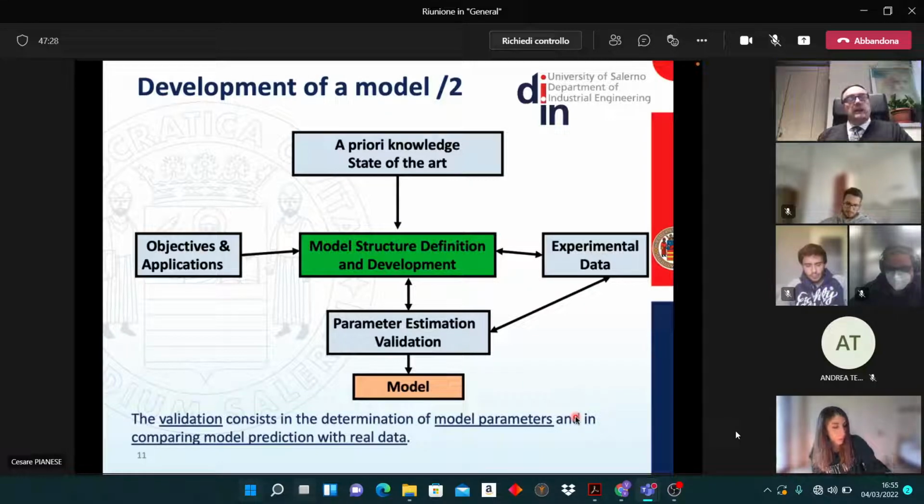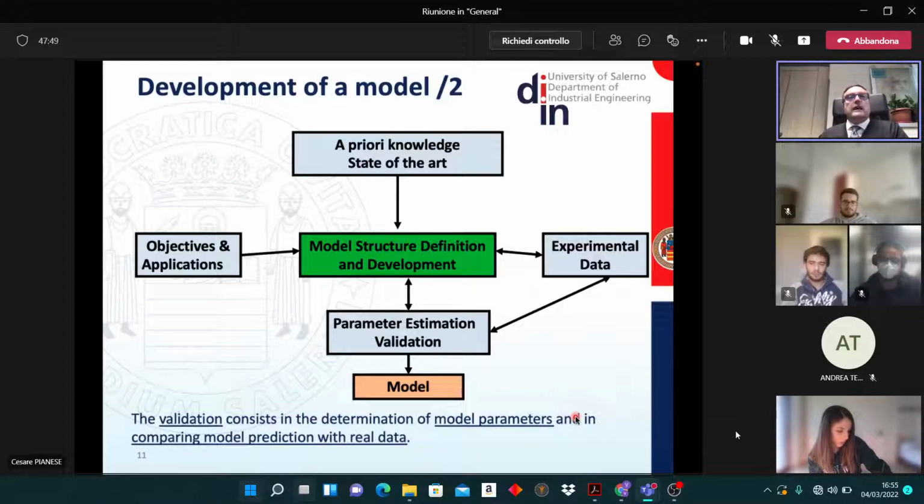If they do not fit together, you should change the estimation of the value of your parameters, and then you modify the parameters until the model data and the experimental data fit together.